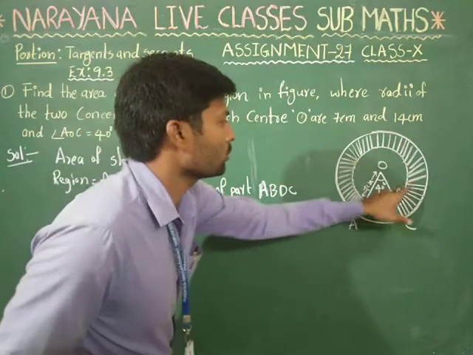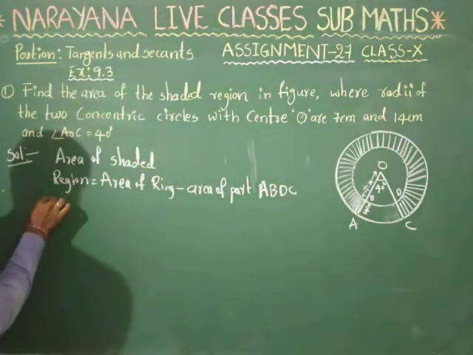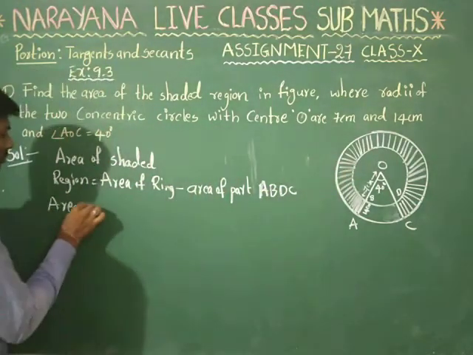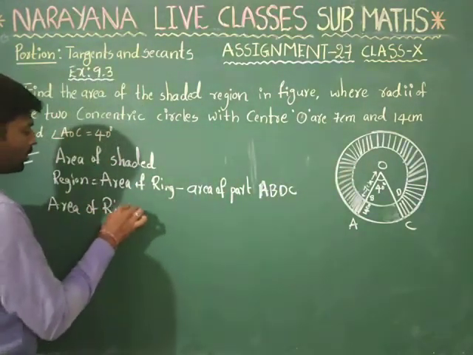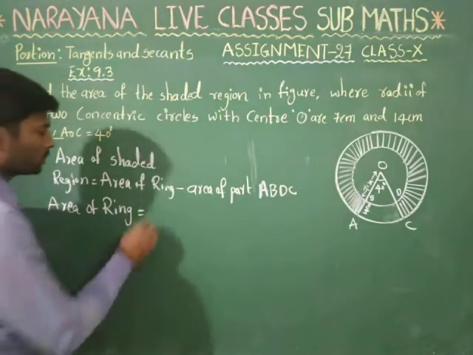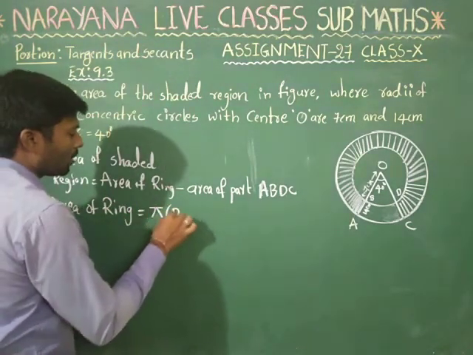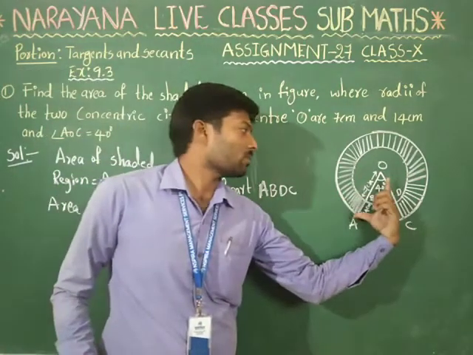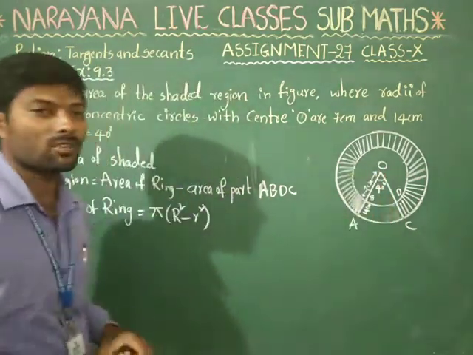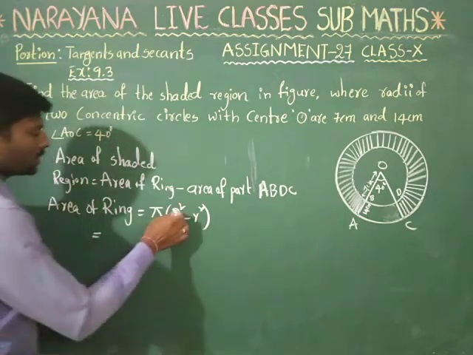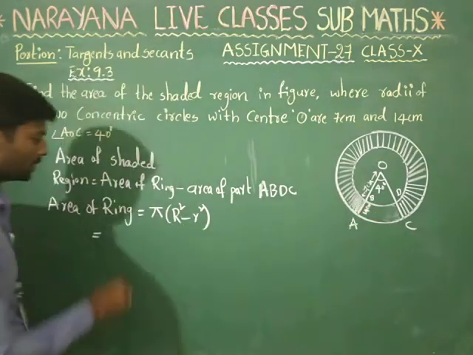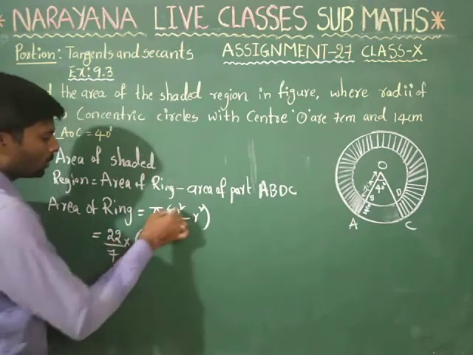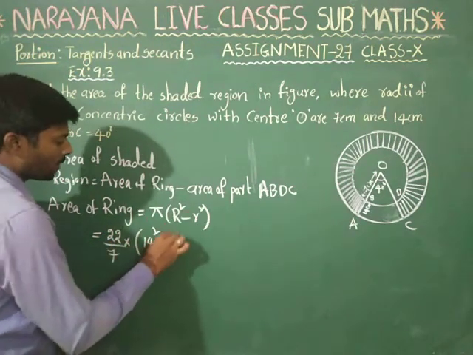Area of ring is equal to pi (R square minus r square), because capital R is the radius of the larger circle and small r is the radius of the smaller circle. Capital R is 14 centimeters, and pi is 22 by 7, into 14 square minus 7 square.